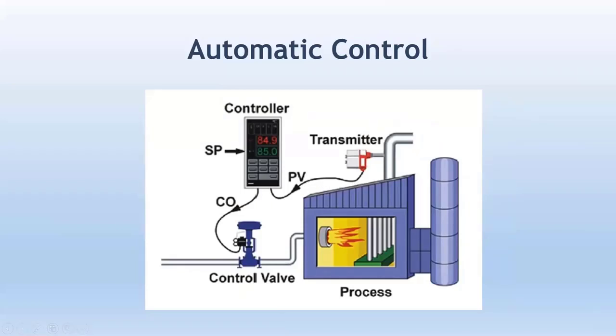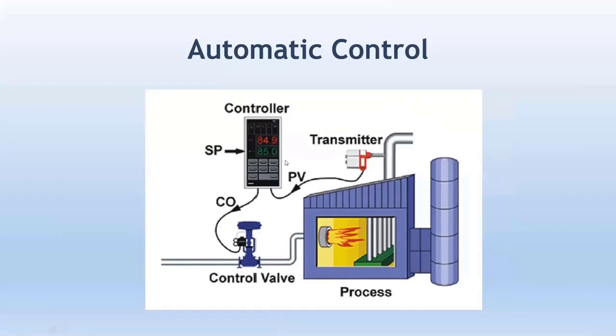In terms of PID, it's very important to understand PV, set point, and CO. PV is the current process value. For example, the temperature inside the furnace is 40. So this PV would be 40, measured by a transmitter and sent in the form of 4 to 20 milliamperes to the controller.